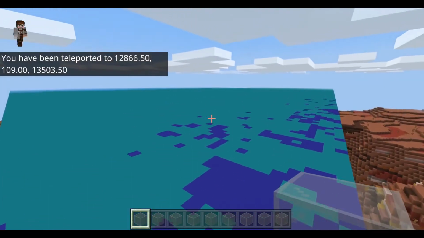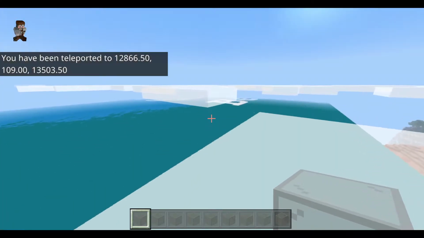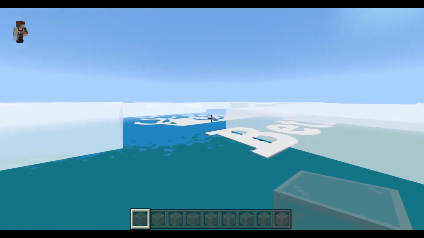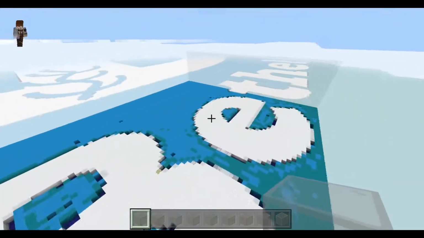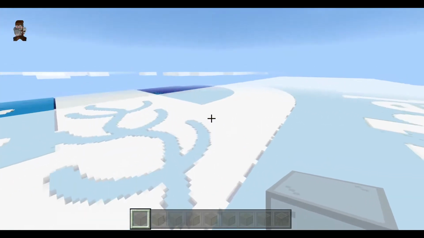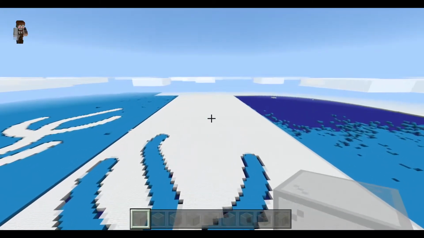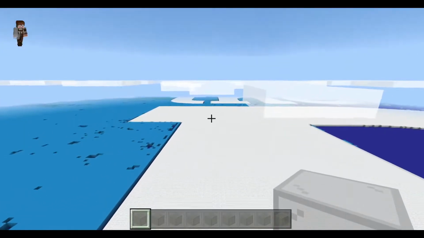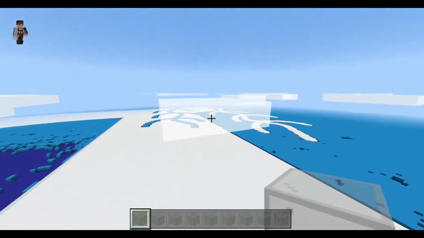So without taking too much time, this is the map or the region that builds that map. So I basically used command blocks and image splicing tools to create this whole area. I'll probably make a separate video on how to make these, but there are plenty of tutorials already out there about how to make these maps, and it wasn't too bad.